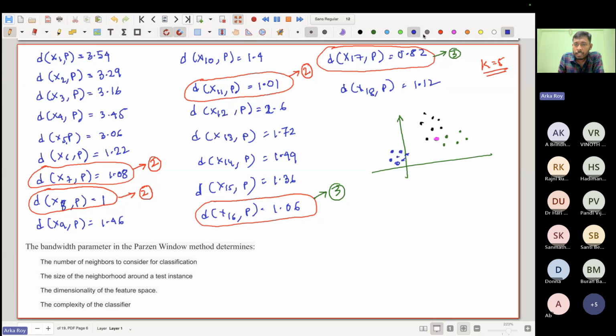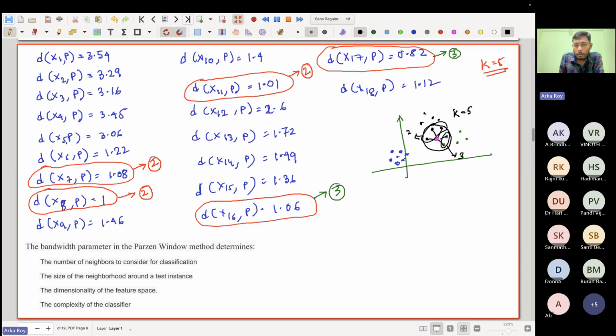You have measured the distance from all other points, and these are the lowest distance values for k equal to 5. So these are all the 5 neighbors. Out of these 5 neighbors, 3 belong to class 2, and 2 belong to class 3.